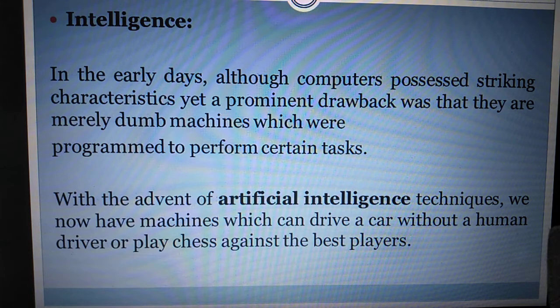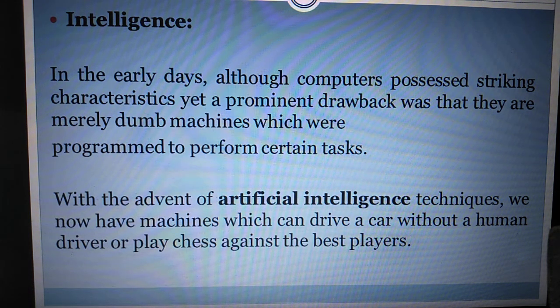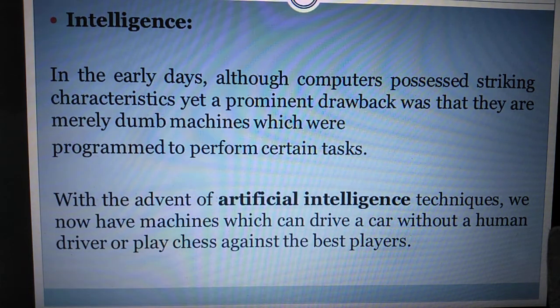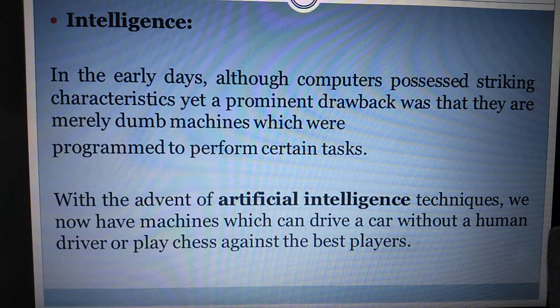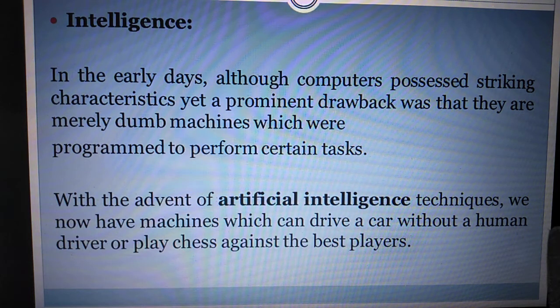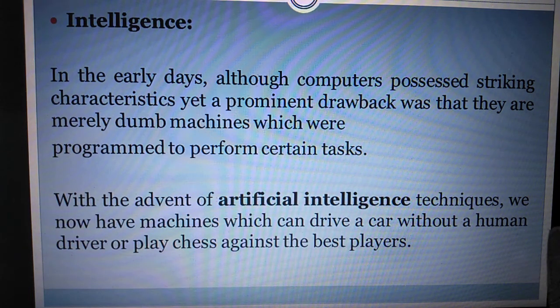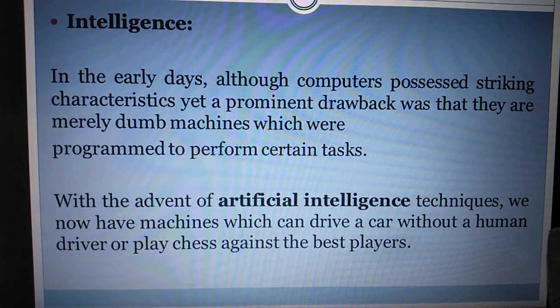You can see the game of chess in your computer. It is intelligent enough to play with you as a multiplayer, and it is programmed using the artificial intelligence concept. The Google Assistant, all these are artificial intelligence. So nowadays the computers are intelligent enough to perform various tasks.